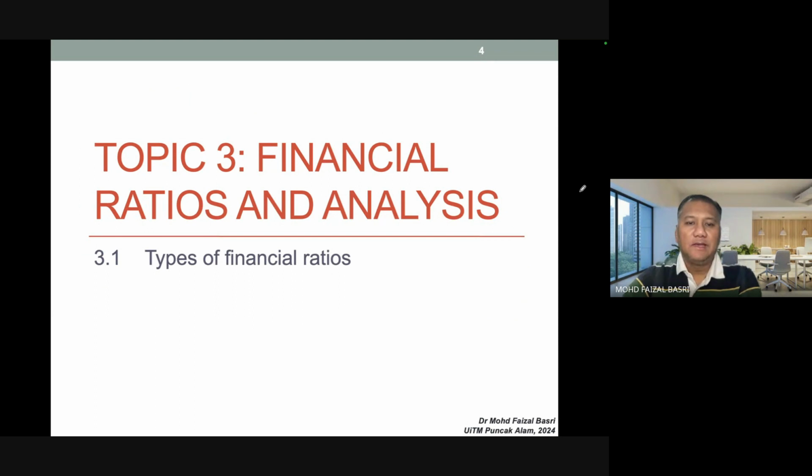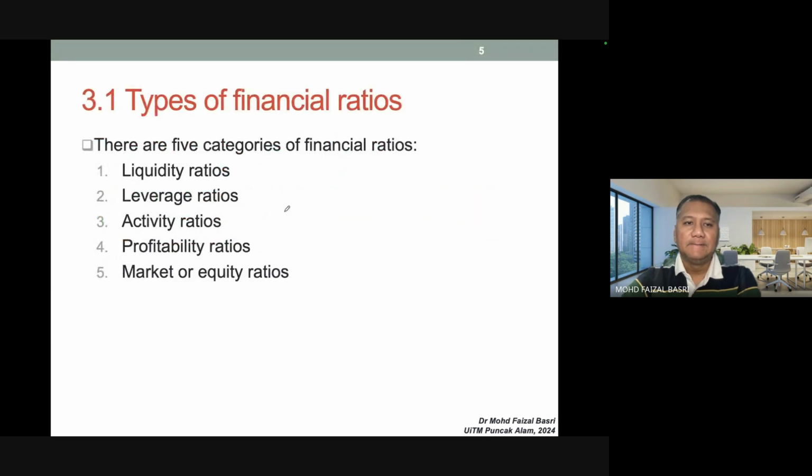So let's look at the types. Like I said tadi, ada 5 different categories, and each category will have at least 3, some even more. So the 5 categories termasuklah liquidity ratios, leverage, activity, profitability, and also market or equity ratios.